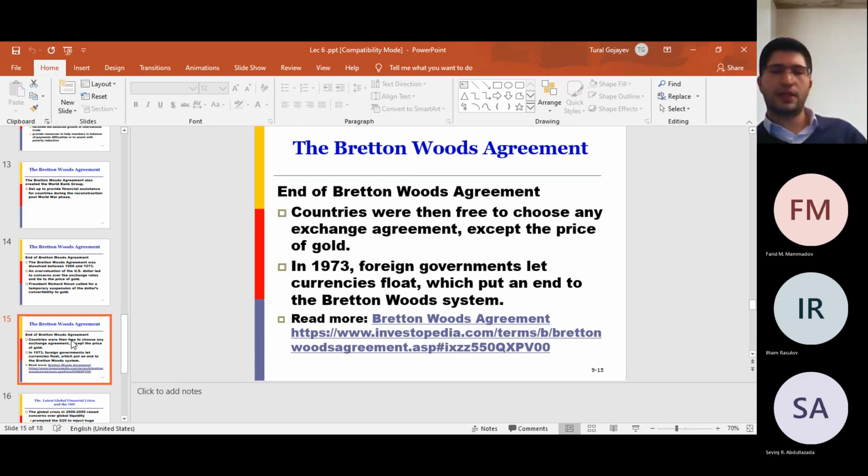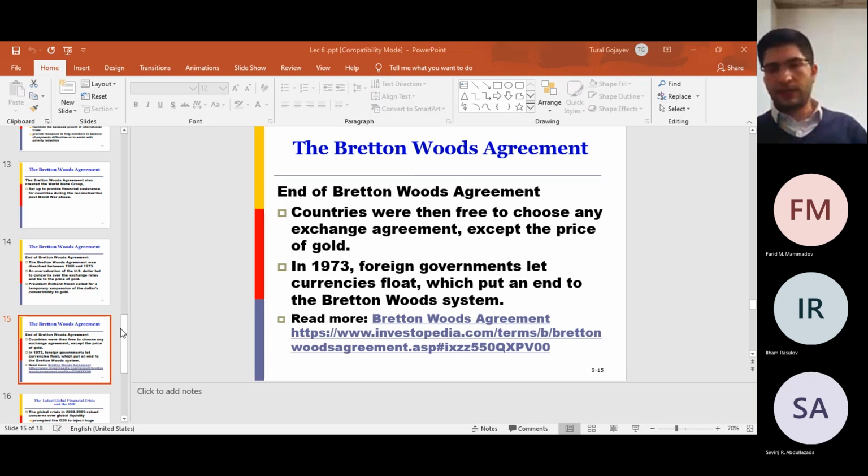But in the beginning, when the Bretton Woods system was founded, it was not planned to use floating currency in the member countries. After 1973, foreign governments let their currencies float, because it brings some advantages. If you remember, we talked about keeping the currency value stable. What are the problems of keeping it stable?